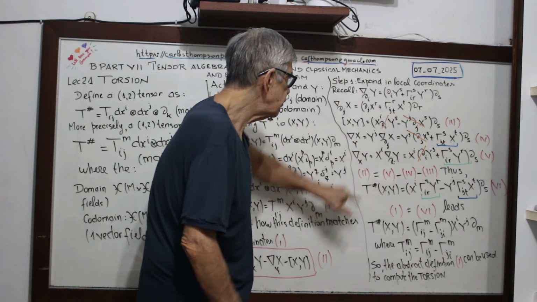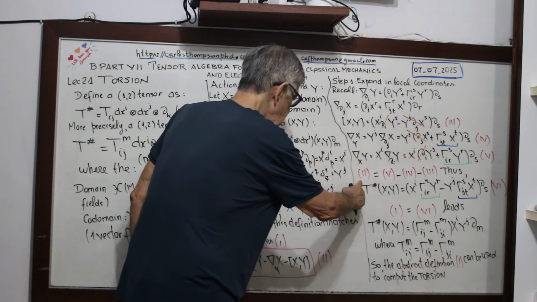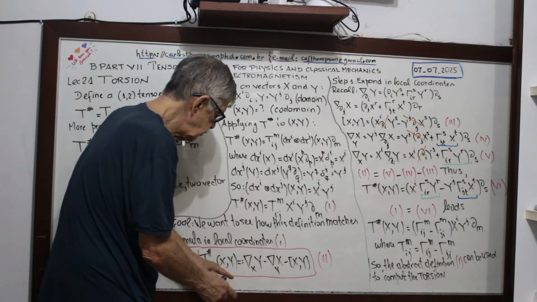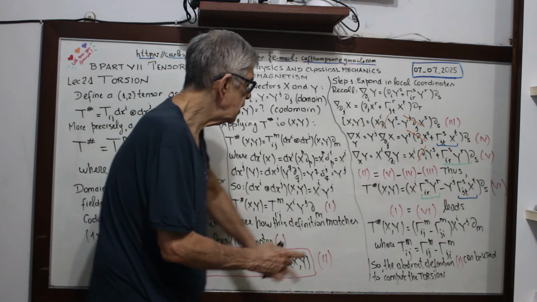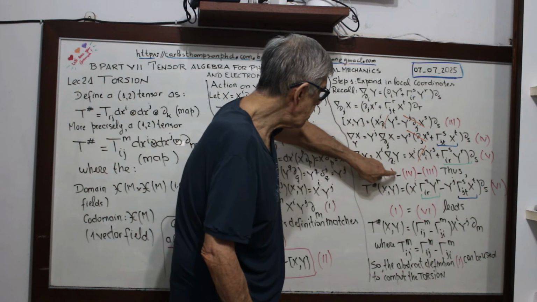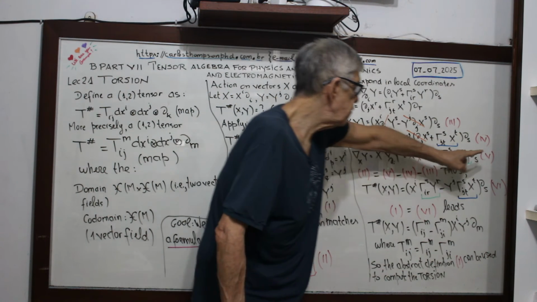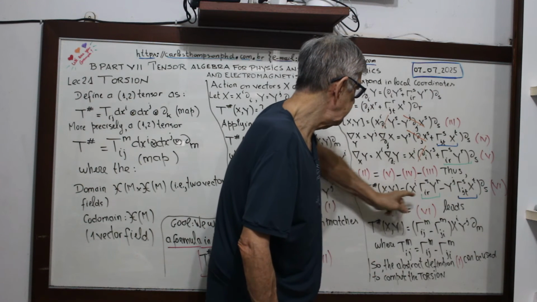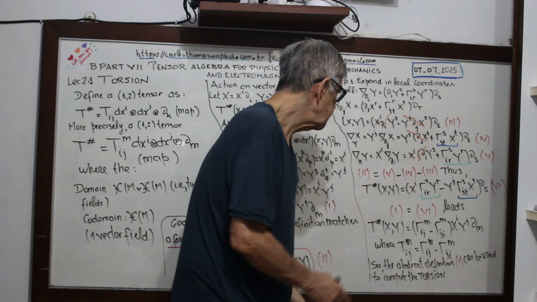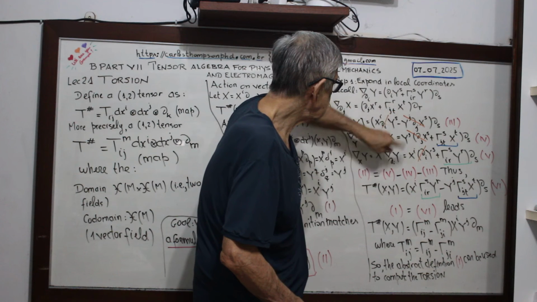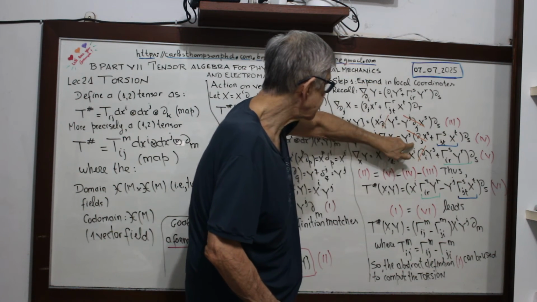Now you observe that equation 2 is equal to 5 minus 4 minus 3. The Lie bracket cancels with this term here.